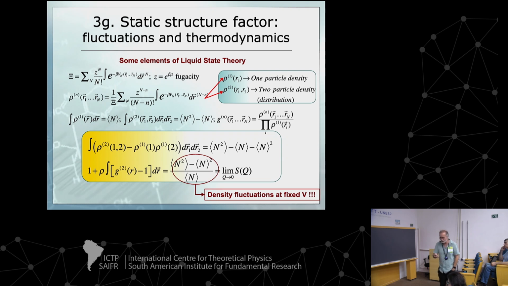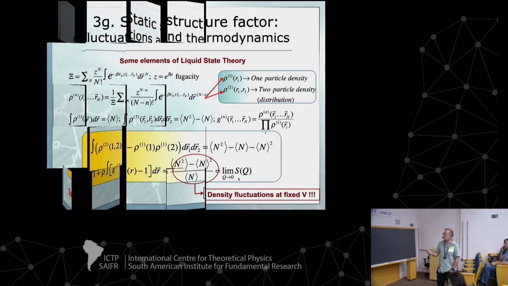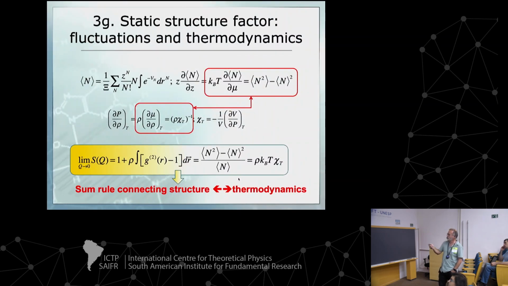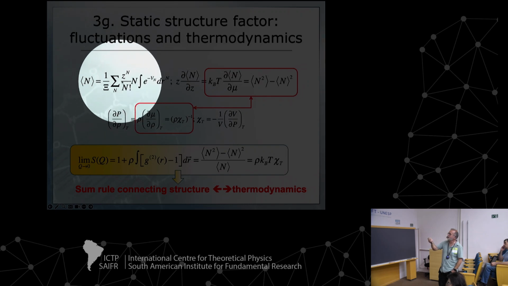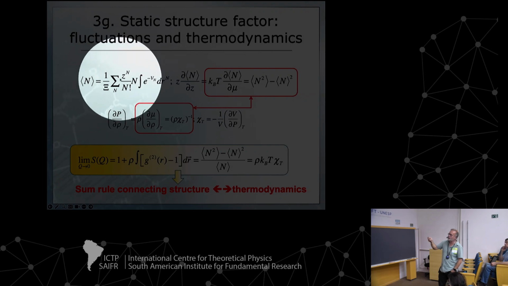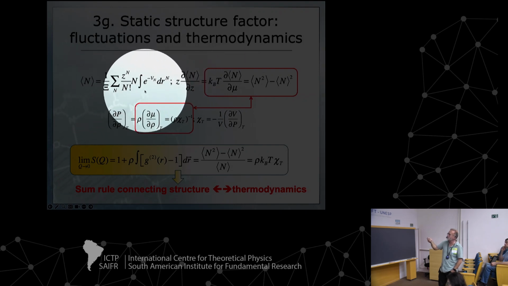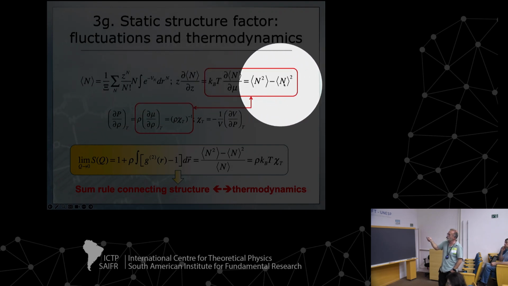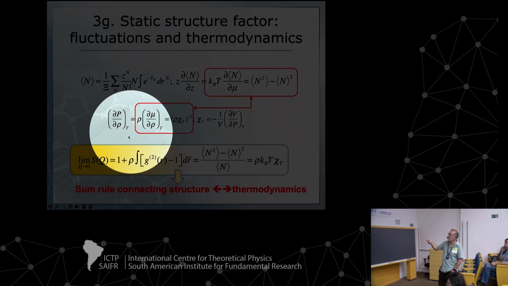So what are the fluctuations in density? Well, if you do a little bit of basic calculus here, you can calculate the average number of particles using the partition function. You take this derivative, you end up with this fluctuation, and lo and behold, that's the compressibility.